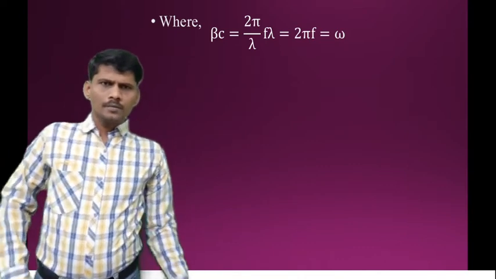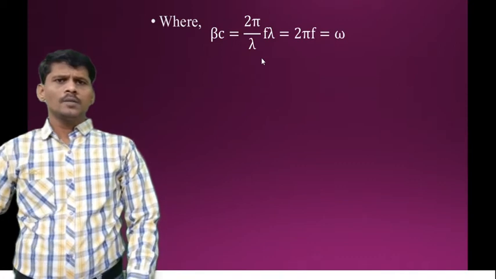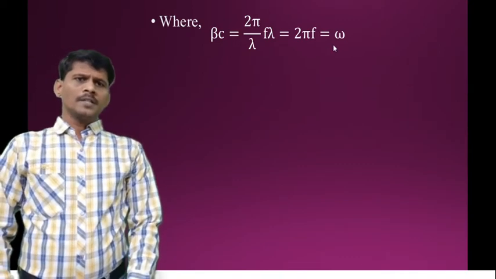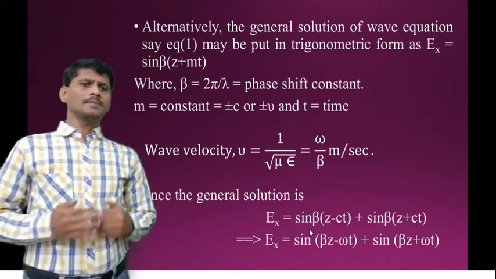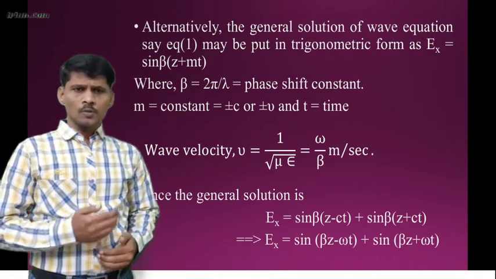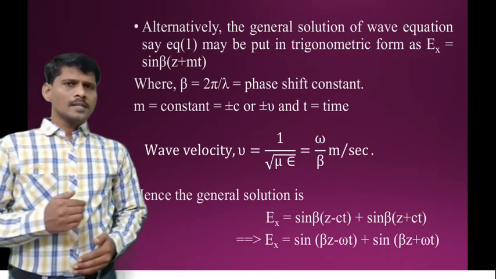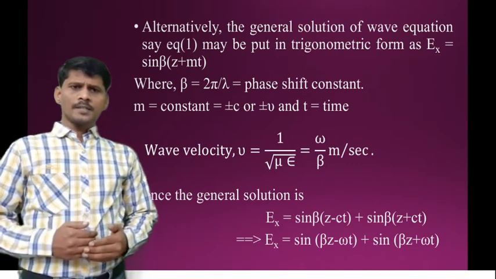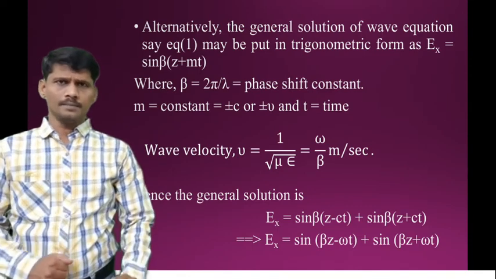Substituting the beta value and C value, we get beta C is equal to omega. Because of that, the equation Ex is equal to sin beta z minus beta Ct plus sin beta z plus beta Ct is also represented as Ex is equal to sin of beta z minus omega t plus sin of beta z plus omega t.